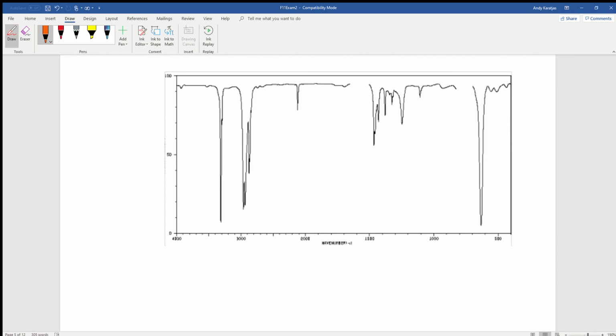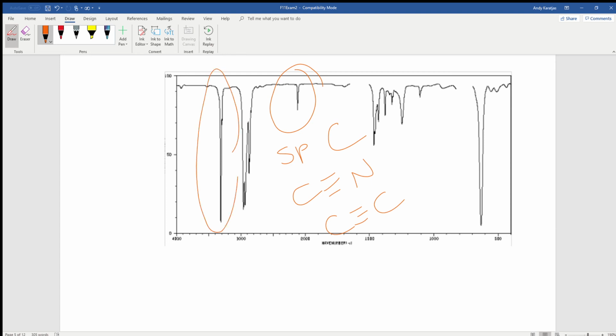Moving on to our fourth spectrum. This small peak up here in the low 2000s, we know we see that when we have an sp carbon, so typically we're looking at either a nitrile or an alkyne. But before we even go to the list of structures, we also want to look at this peak at 3300, a strong, sharp peak.